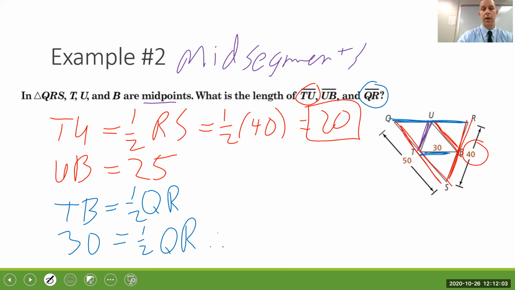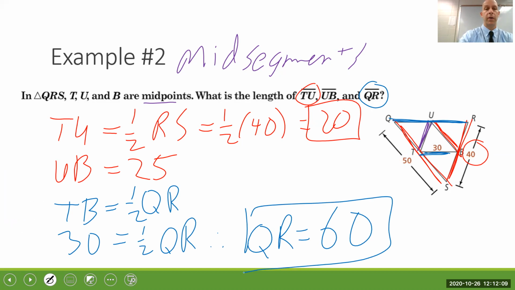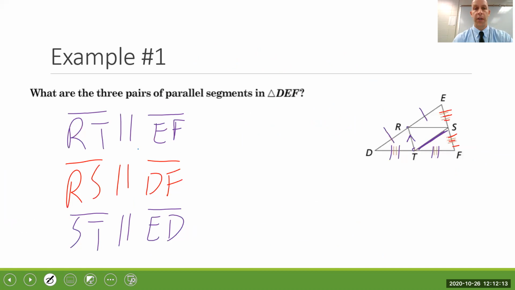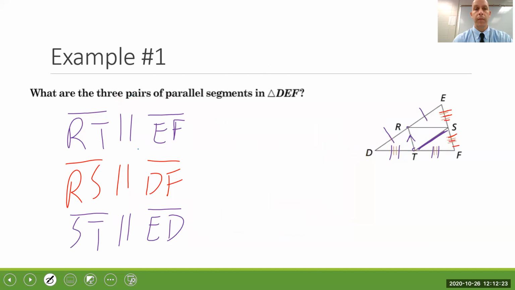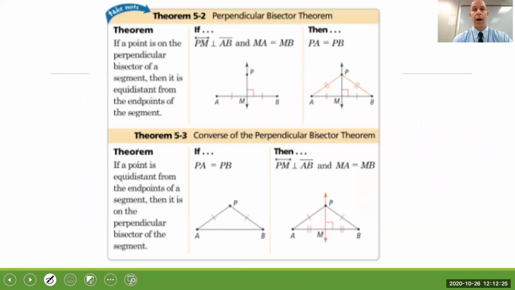Therefore, QR has to be 60 because you would multiply both sides by 2. So there's our three answers for this one. And that is using this theorem. The midsegment of a triangle will be parallel to the third side, and it will be half the length of the third side.